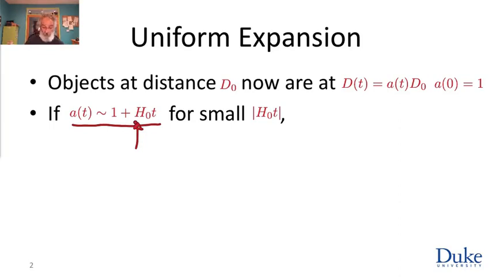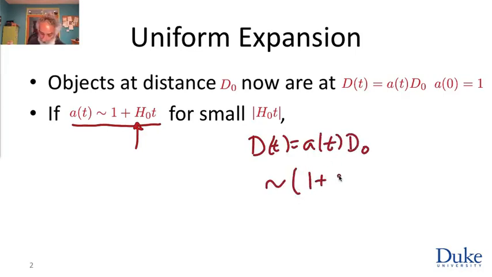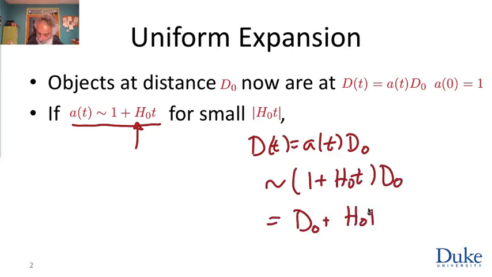What does this mean? Well, if a of t is given by this, I plug that into this expression, and I get that d of t, which is a of t times d0, is approximately 1 plus h0 t times d0. This is d0 plus h0 d0 times t.